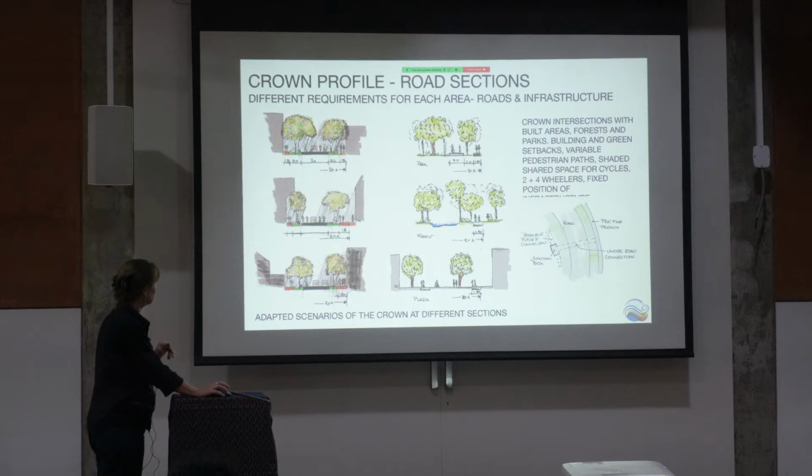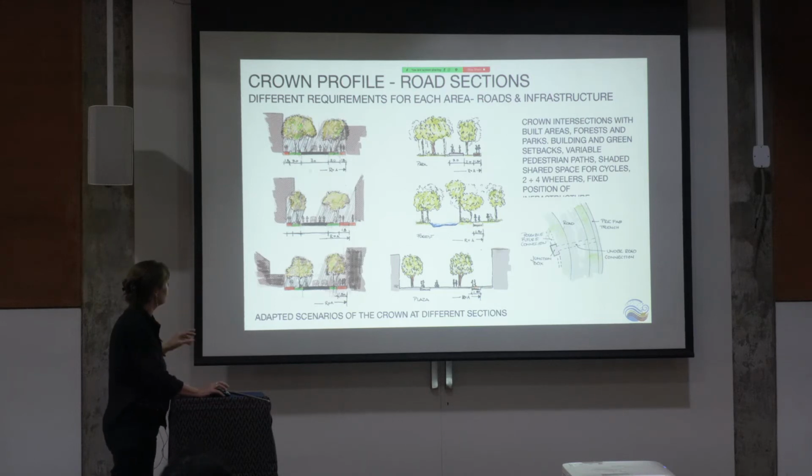What changes is the width of where the planting can be and the width and the position of the road. I didn't put measurements there, but that's the idea. So the road would be shaded in most parts of the day and year, and it wouldn't create a heat island.